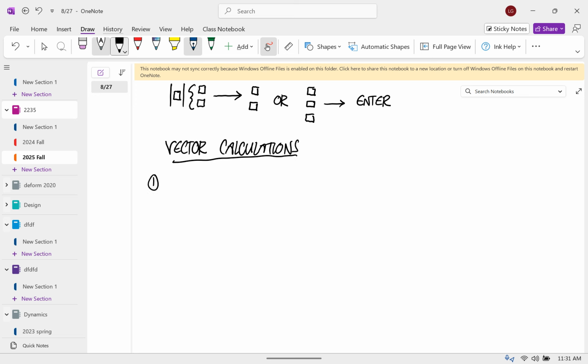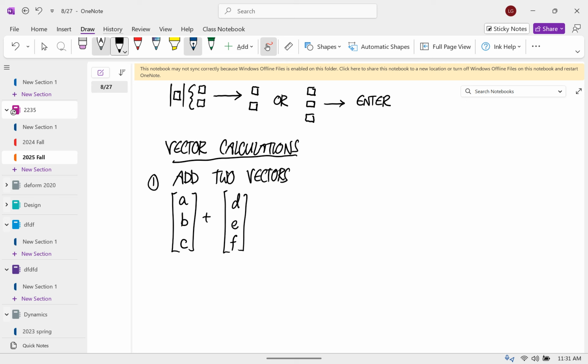The first one is, what does it mean to add two vectors? So if we have A, B, C, and we're adding it to D, E, F, the sum is, you're just going to be adding the two X components, adding the two Y components, and adding the two Z components.